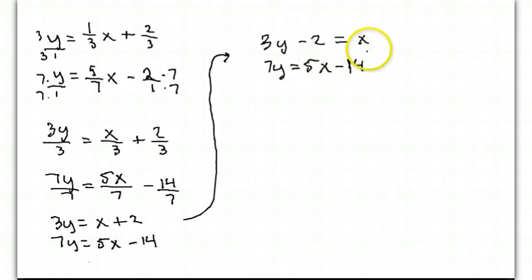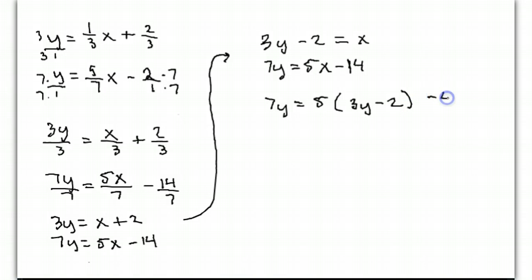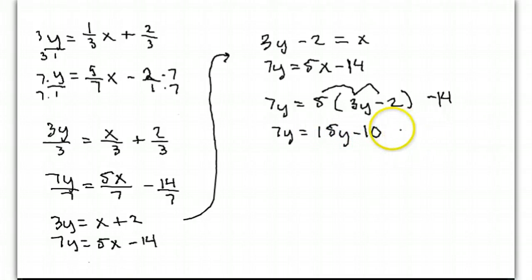Okay, now if x is equal to 3y minus 2, then I can plug it into the second equation, and I'm going to have 7y equal 5 open parentheses 3y minus 2 close parentheses minus 14. So doing that calculation, you bunny hop the 5, and you're going to have 7y equal 15y minus 10, and then bring down the minus 14.